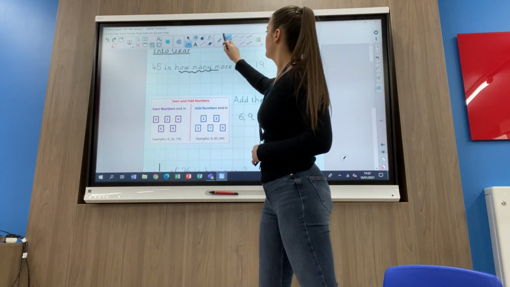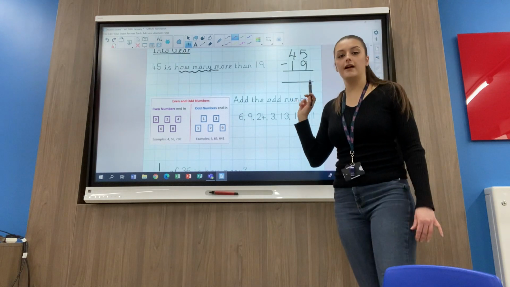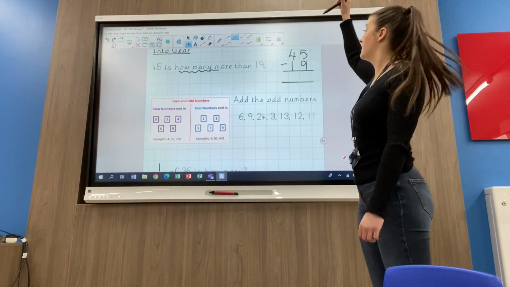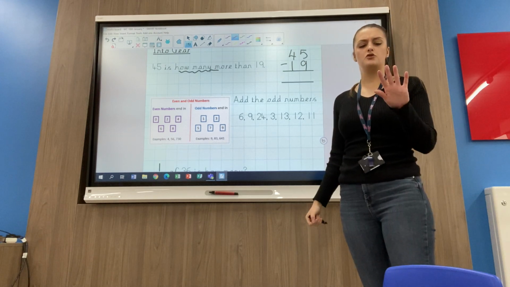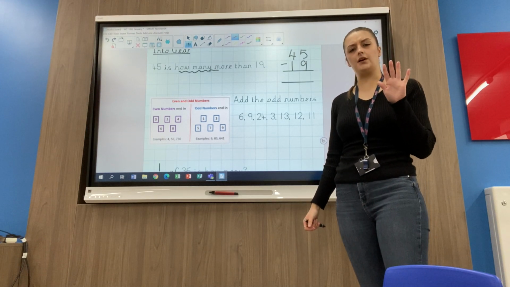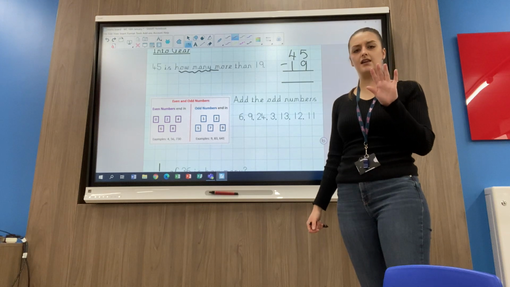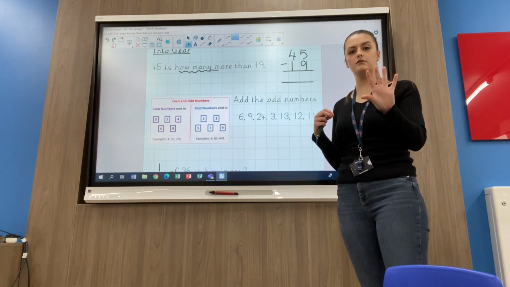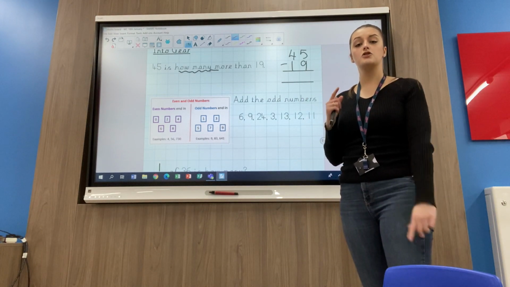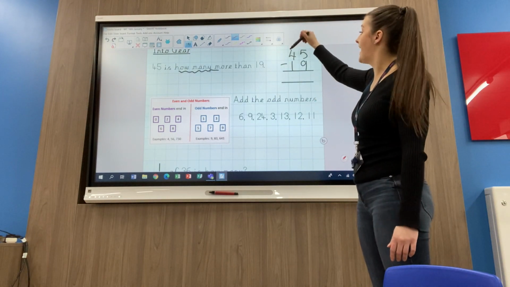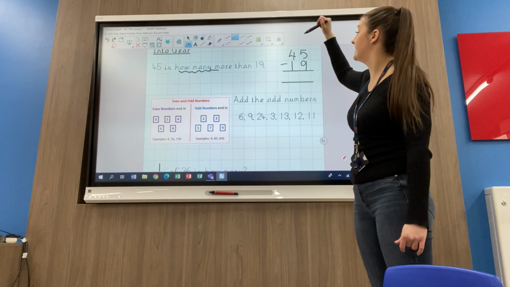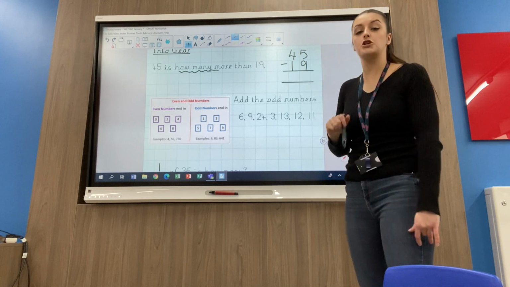So, we know our column subtraction, like column addition, we always start with the ones. So I've got 5 ones, subtract 9 ones. I can't take 9 ones away from 5 ones because 5 ones are smaller. So remember our rhyme? There's more on the floor, so we go next door and get 10 more. Getting 10 more, going to exchange a 10.